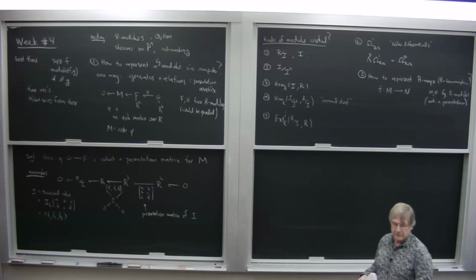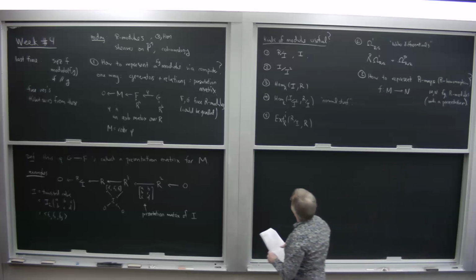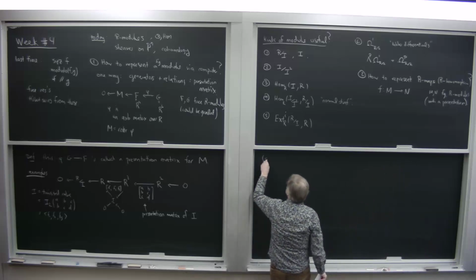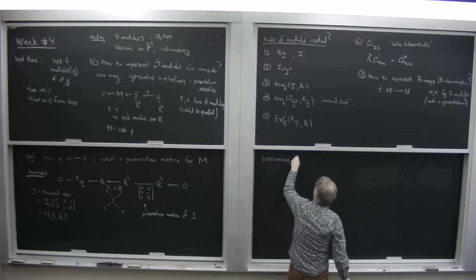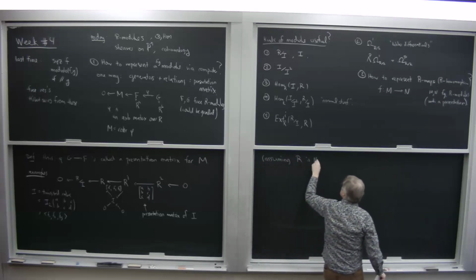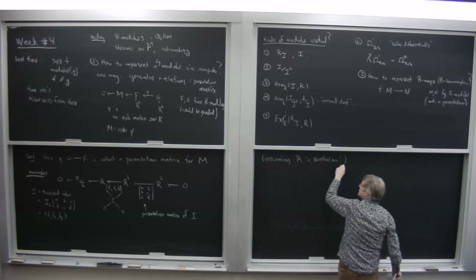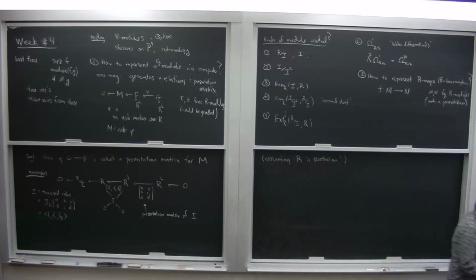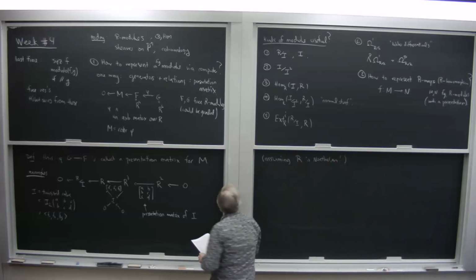Those are all Noetherian. But in general, we are assuming that R is Noetherian. Otherwise, we don't get these finite kind of things, and we have to be a little more careful.